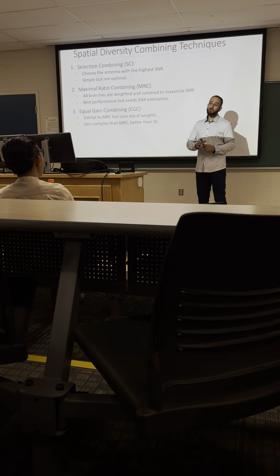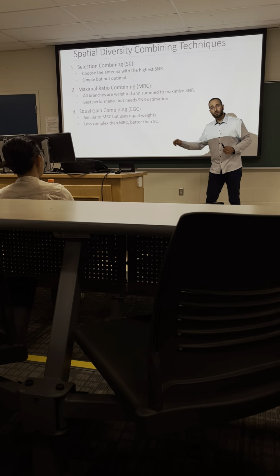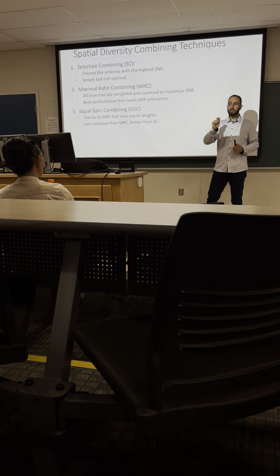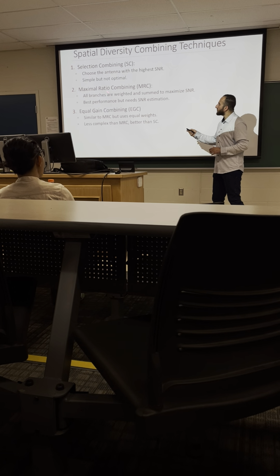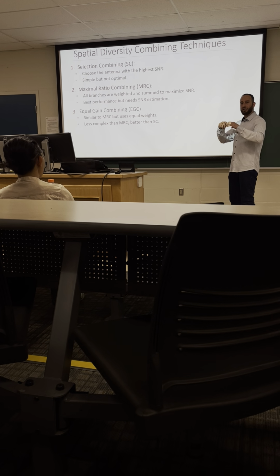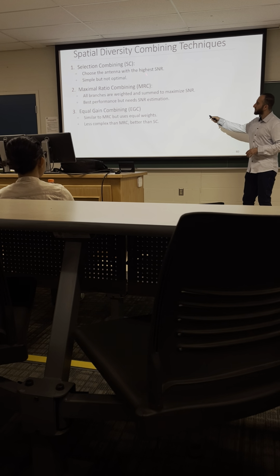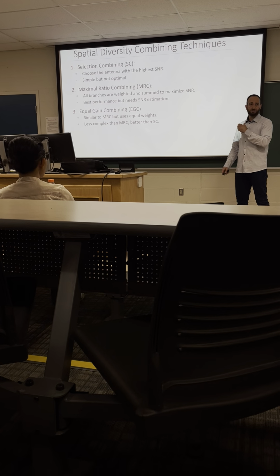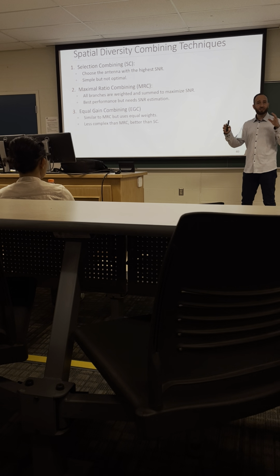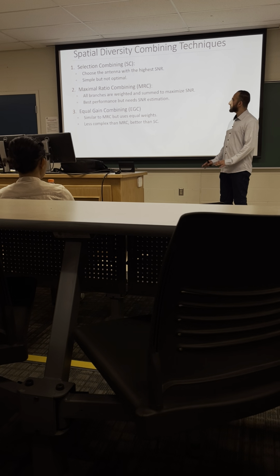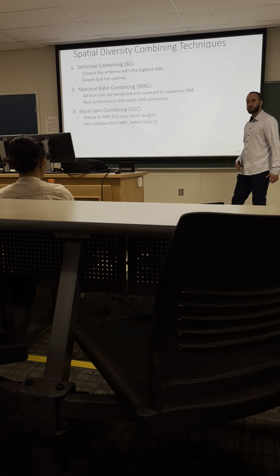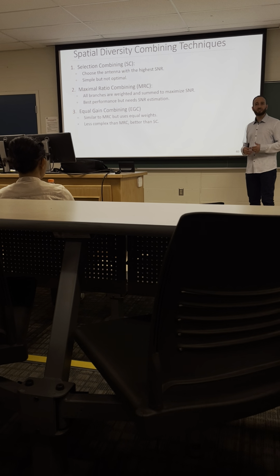However, you will also take into consideration the rest of the weak signals, but you give them a smaller weight. Then you combine them together, add them together. Actually for all these 3 types, there are circuits and block diagrams, but we will not focus on that because I believe you discuss this in more detail in the wireless communication course if you took it.